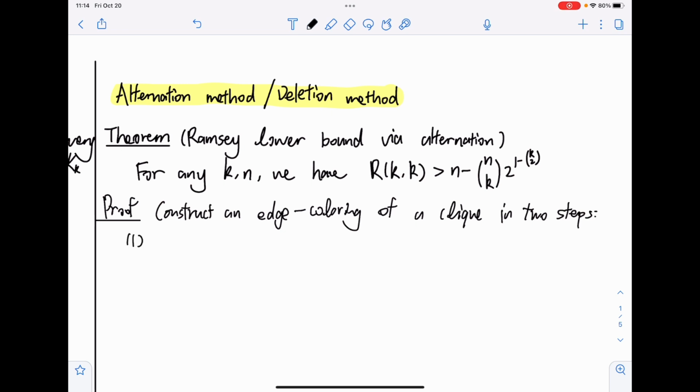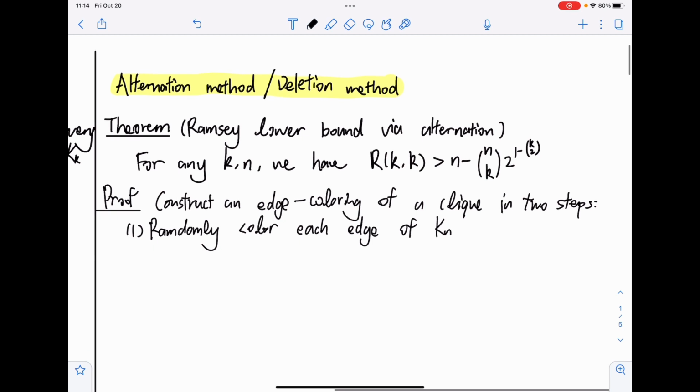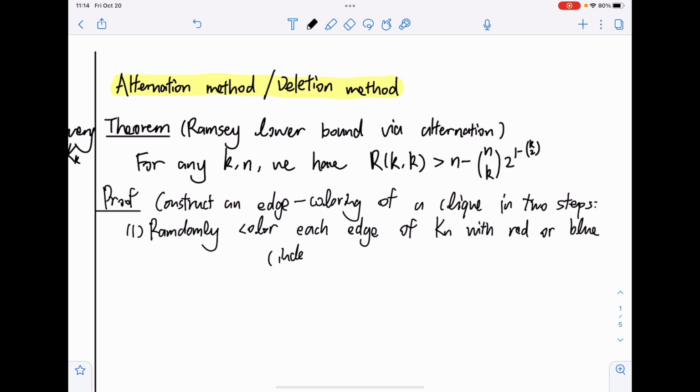The first step will be just what we did at the very beginning: randomly color each edge of the complete graph on n vertices with red or blue. Of course, this step is done independently and uniformly at random.